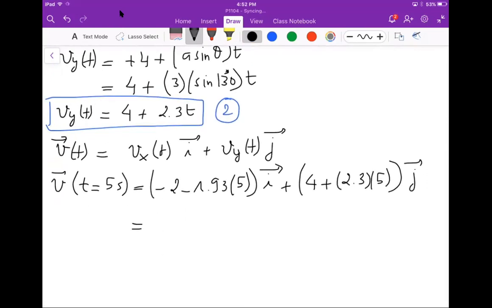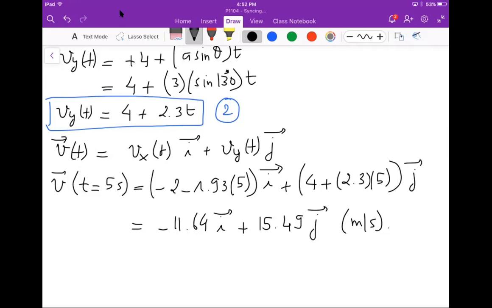And so we end up with minus 11.64 i plus 15.49 j, and of course in meters per second. So this is the velocity in the vector notation, we can call it. The vector v at t equals 5 seconds is given by this value.